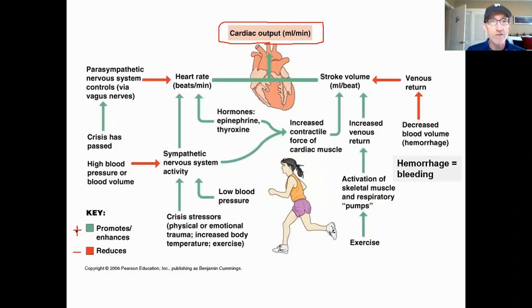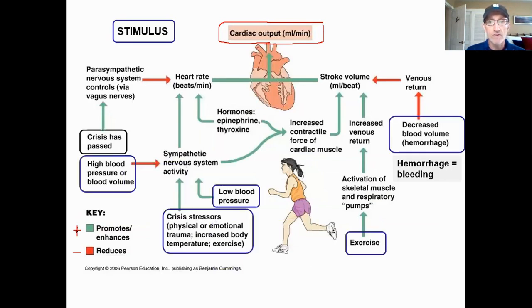And then what I added to the slide are all the different stimuli. If it's got the box around it, it's a different stimulus that then feeds into multiple feedback loops. So there's just all kinds of different things that can cause your cardiac output to increase or decrease.